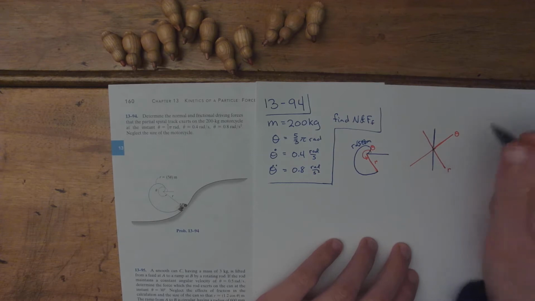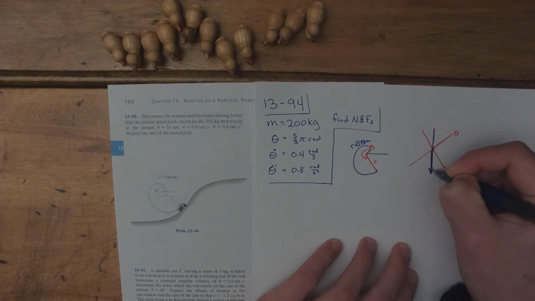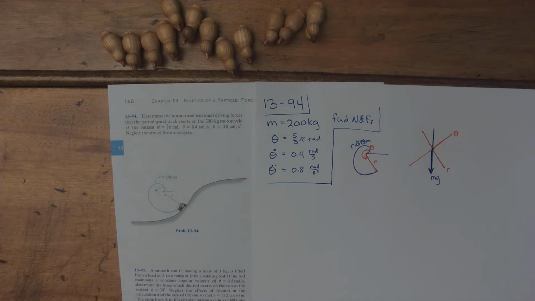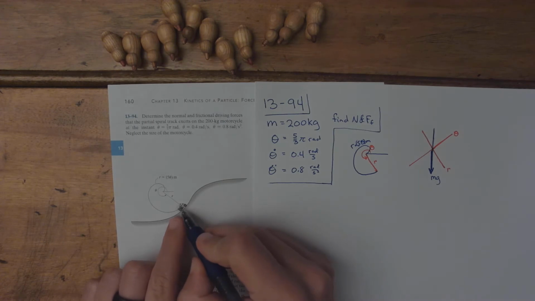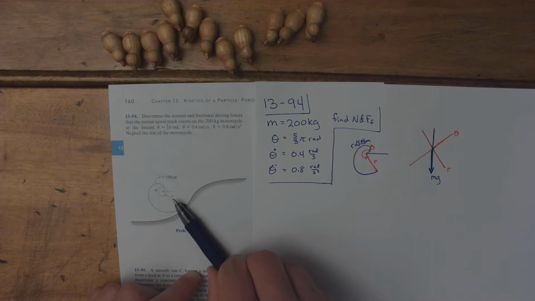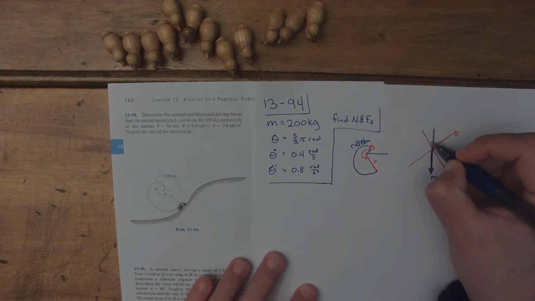I want to make this a free body diagram. I know that the force of gravity is acting straight downwards. So I have my force of gravity pointing like this. And then I have my normal force, which is perpendicular to the surface of contact. So if you look at the picture here, perpendicular to the surface of contact looks like it's pointed like this. So that would be like this on my diagram here.